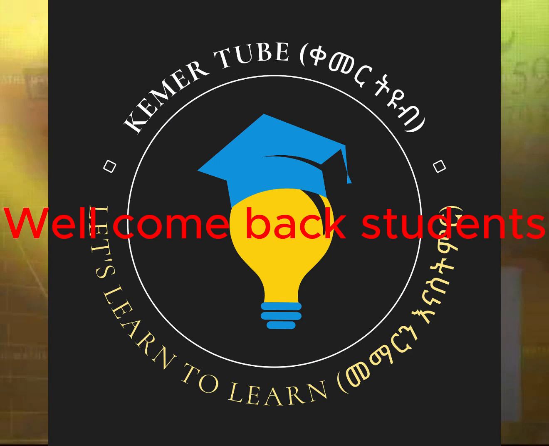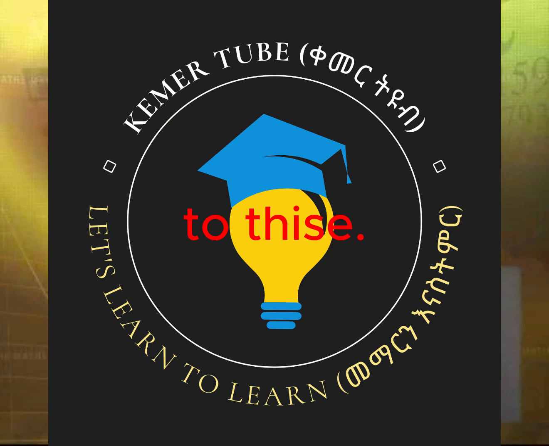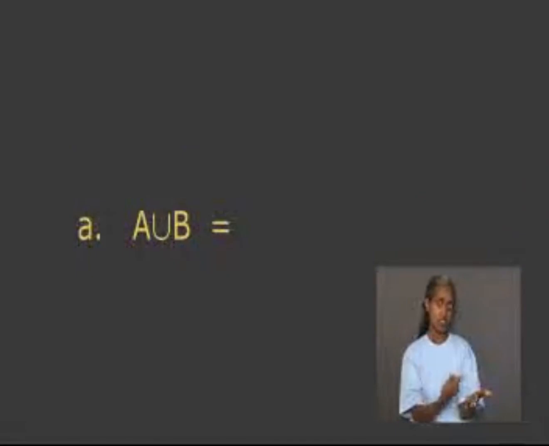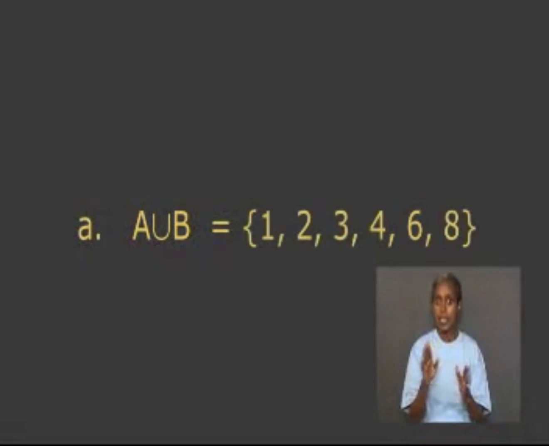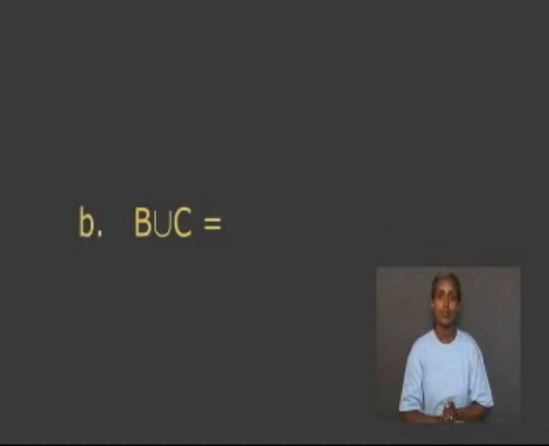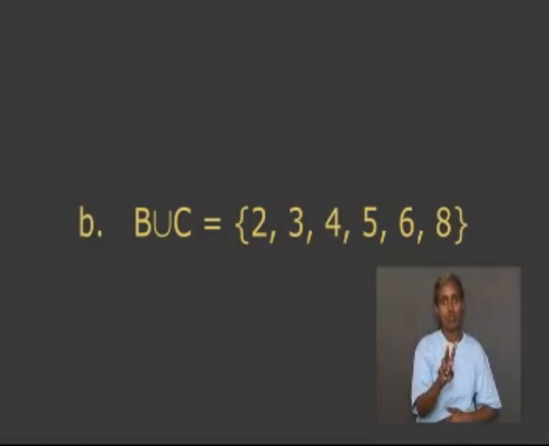Welcome back, students. Please compare your answers to these. A union B is the set containing 1, 2, 3, 4, 6, 8. B union C is the set containing 2, 3, 4, 5, 6, 8.